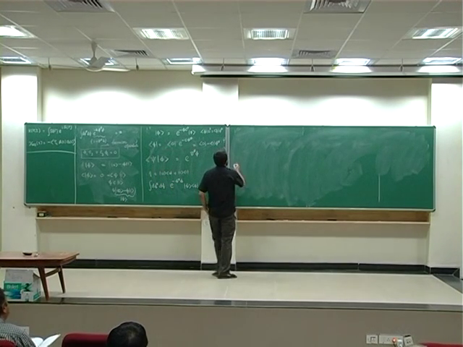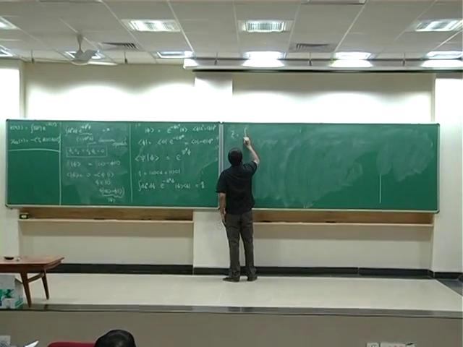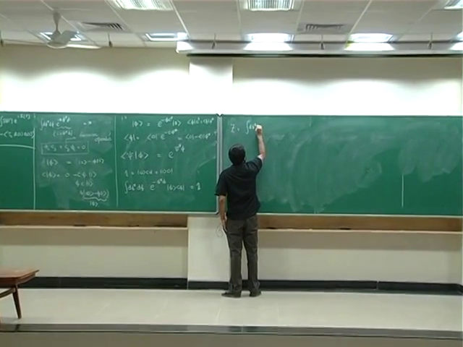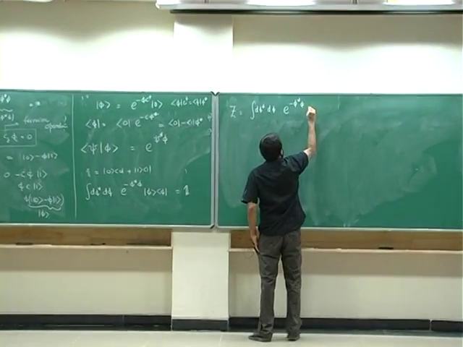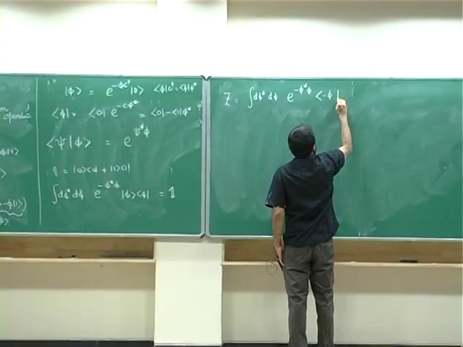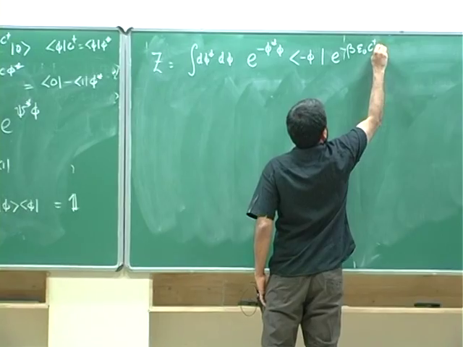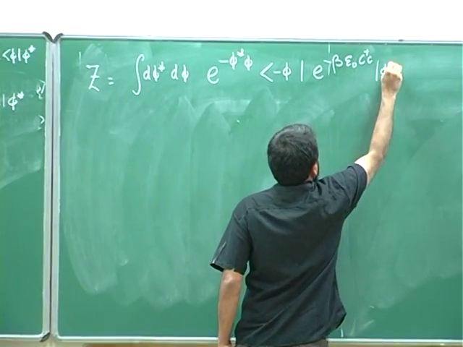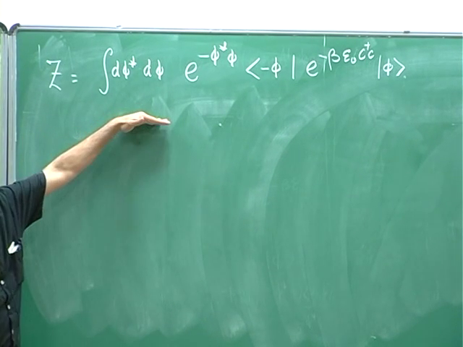Okay, so let's start with this partition function, which I will write in this form, which we have just seen gives us the correct answer: e to the minus phi star phi, and then there is a minus phi, and then e to the minus beta E0 C dagger C, and phi here. So this is the exact formula that I just showed you, which gives us, if you do the Grassmann integration, the correct answer for the partition function. Now I will show you that this object can be written as a path integral.